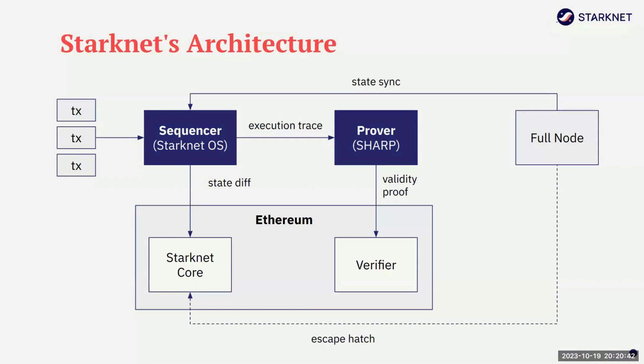There are two different approaches we can use to scale. We can either use on-chain scaling or off-chain scaling. One example of off-chain scaling is where Starknet comes in, using validity rollups.